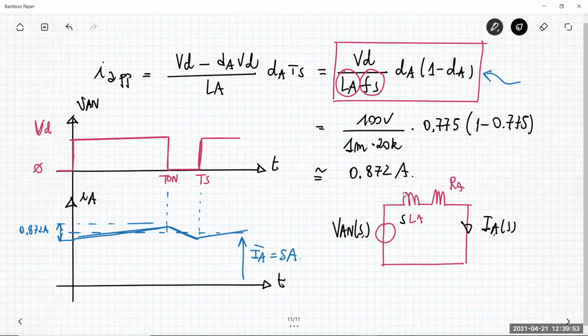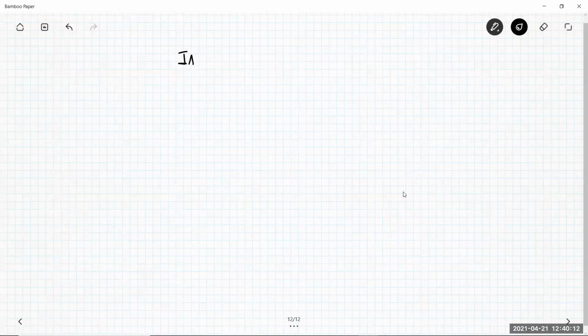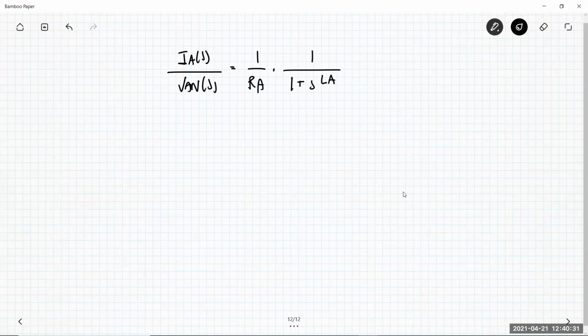We can use the Laplace domain, so we can find that IA(s) is VAN(s) multiplied by 1 over RA plus sLA. So the transfer function between the current and the voltage basically is, well, we can also write it in this way, 1 over RA, extracting RA, 1 plus sLA over RA.